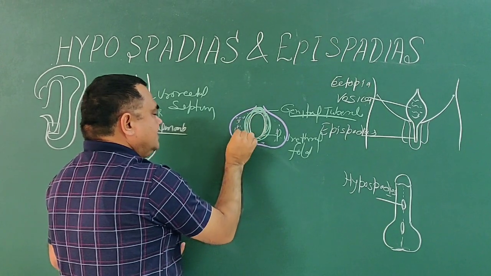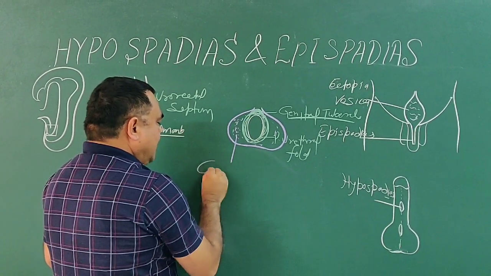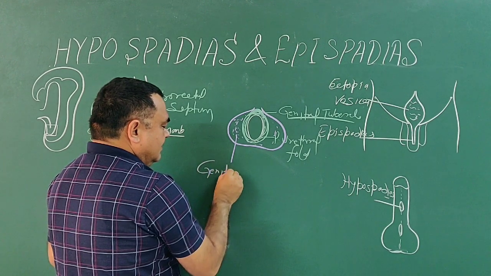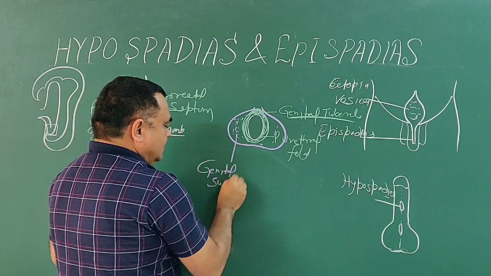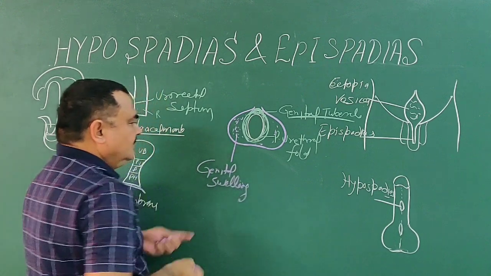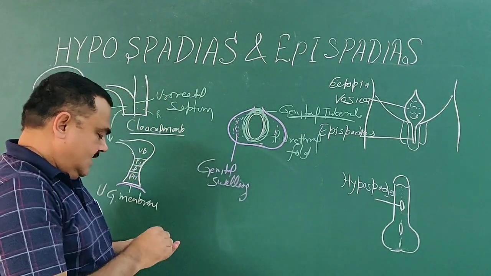This is actually a swelling, the genital swelling. In female, it forms the labia majora.